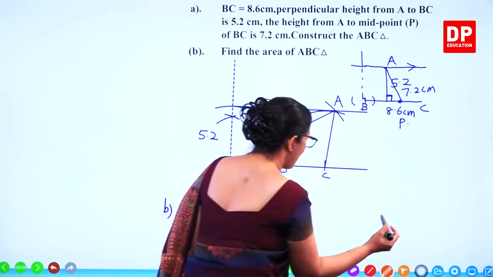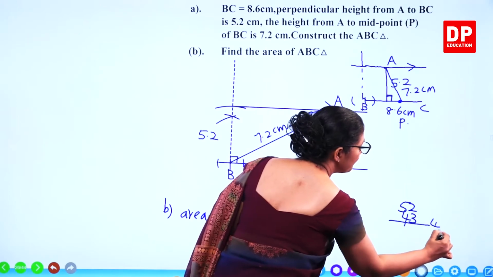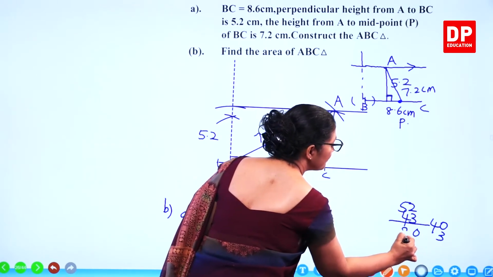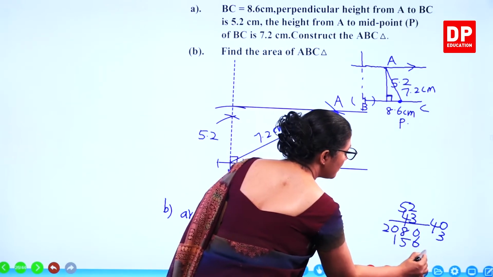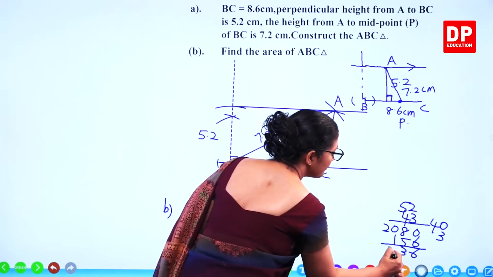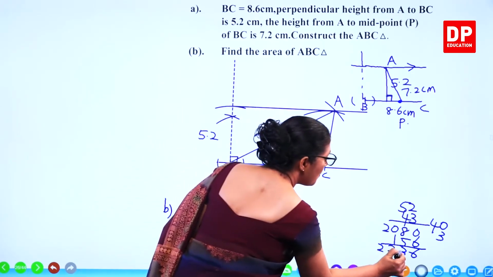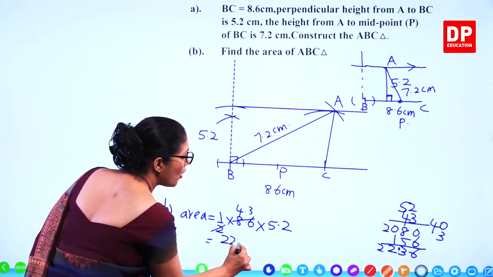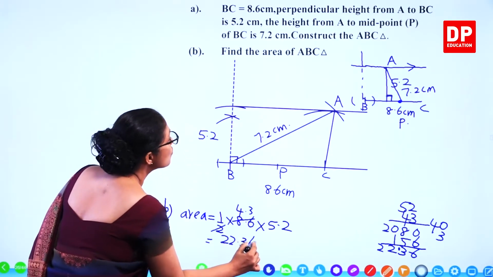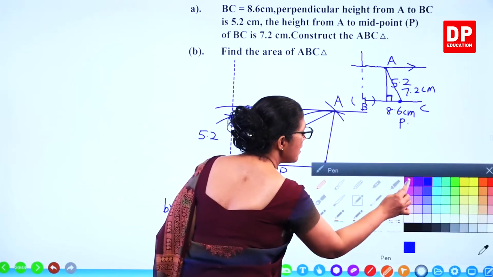So I'll do 52 into 43 and put the decimal points later. 3 times 2, 6, 3 times 5, 15. And then put 2 decimal places, 22.36 square centimeters is the area of ABC triangle.